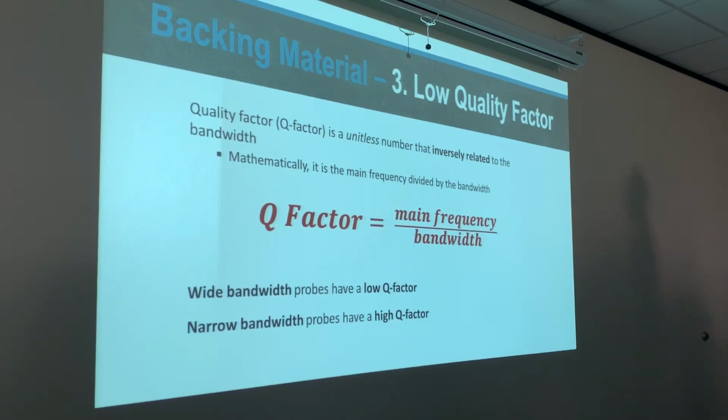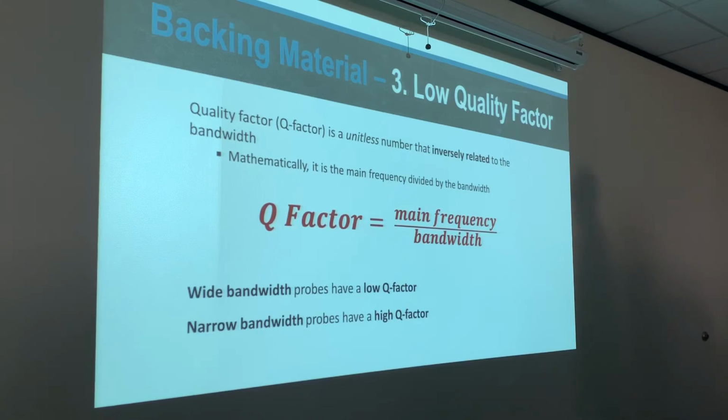Quality factor, guys, is a unitless number, like percent, that is inversely related to the bandwidth. Just like, what else is inversely related? PRP and PRF, inversely related, right? So mathematically, the main frequency divided by the bandwidth will give you the Q factor.